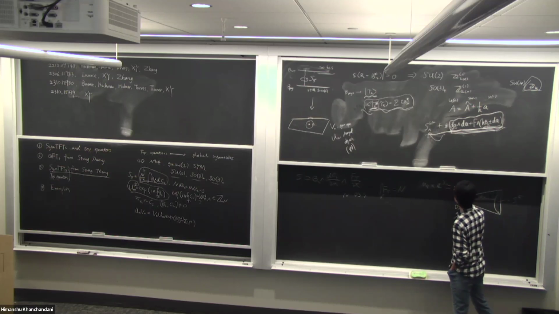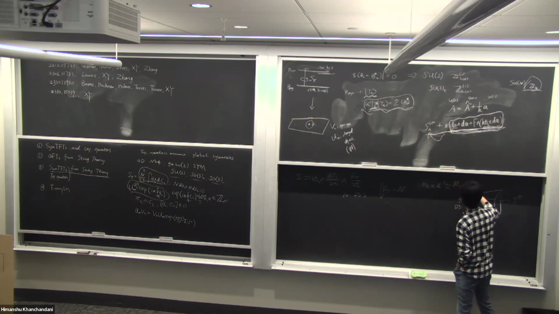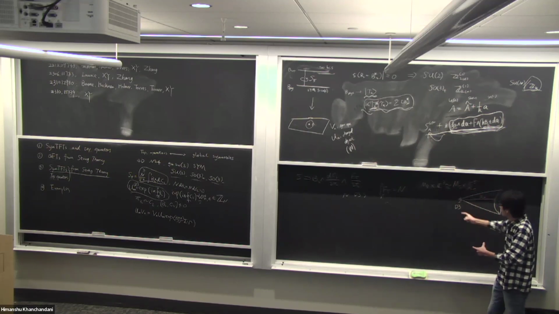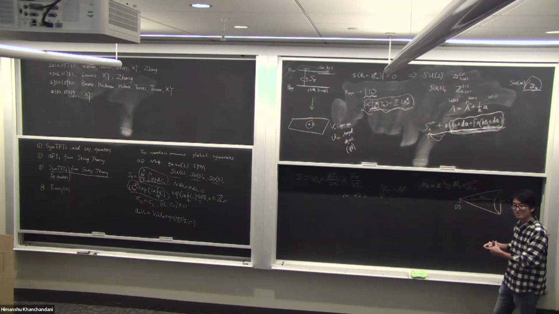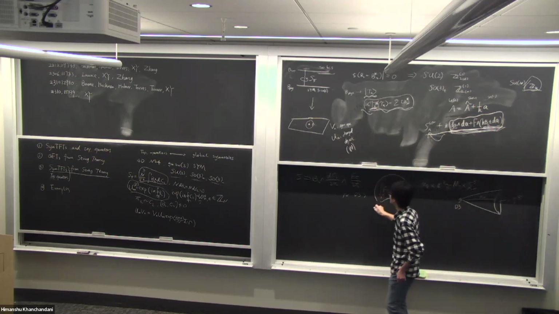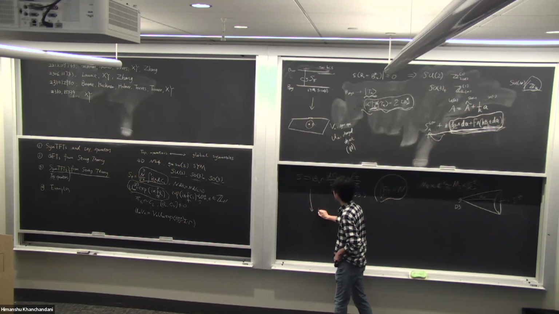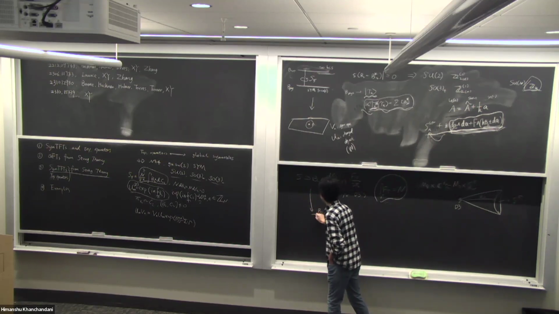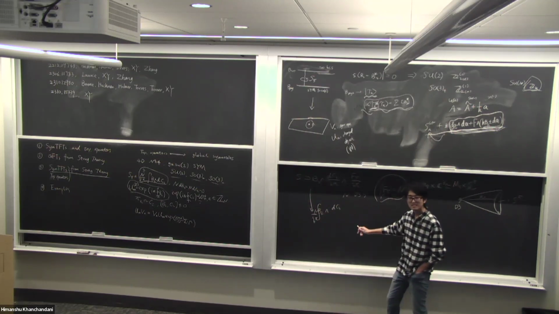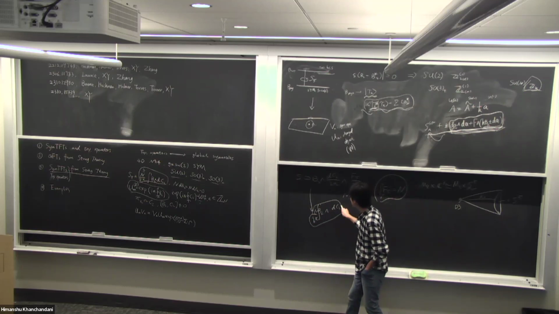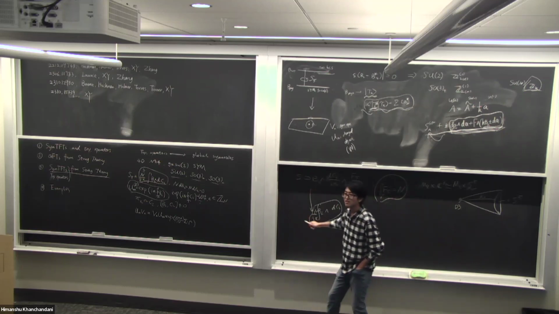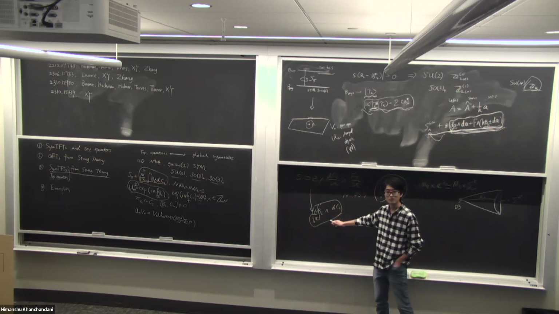So I can write something like, this is M4 times S5. So S5 is surrounding the point like D3 in this sense. And this introduces flux. This gives you B2 dC2, 2 pi over N. So this is how this SymTFT is reproduced from the string theory topological term.